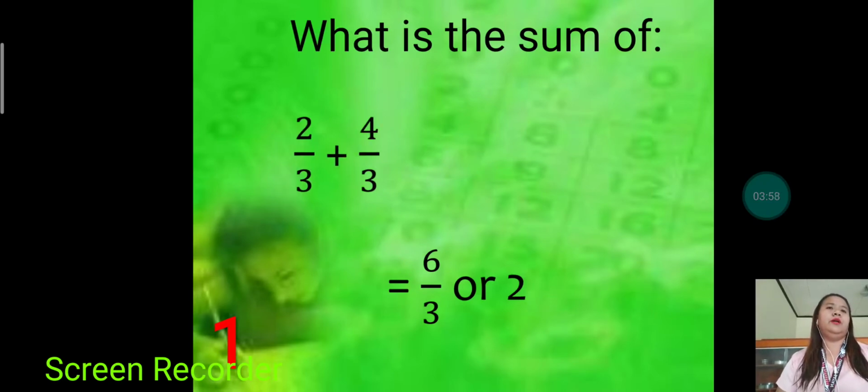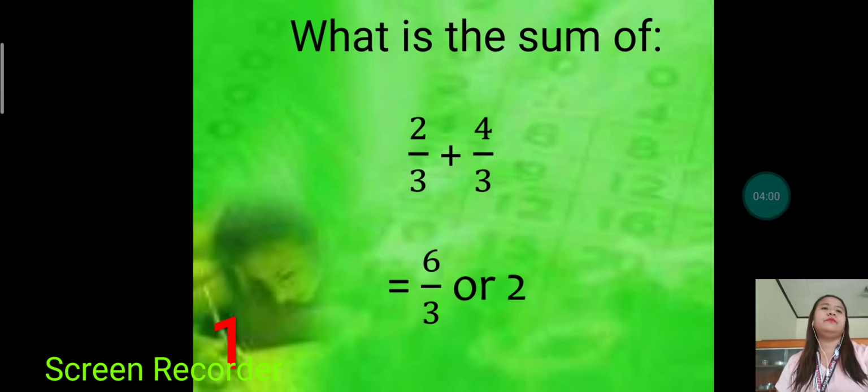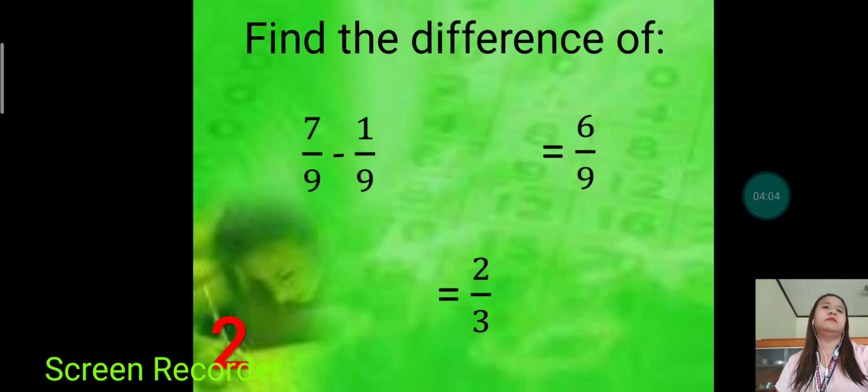Another example: find the difference of 7/9 minus 1/9. This is also the same as the adding of fractions.